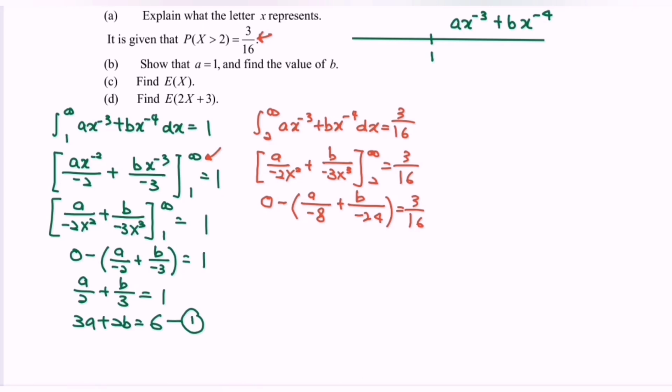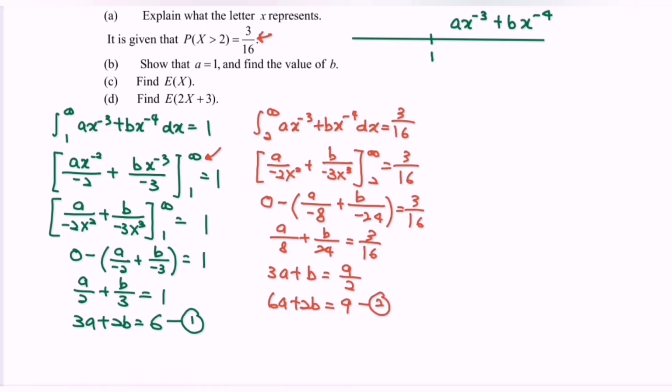So based on the situation, we have a over 8 plus b over 24 equals 3 over 16. Kindly multiply all the terms by 24. So we have 3a plus b is equal to 9 over 2. Rewriting, 6a plus 2b is equal to 9. Let it be the second equation.